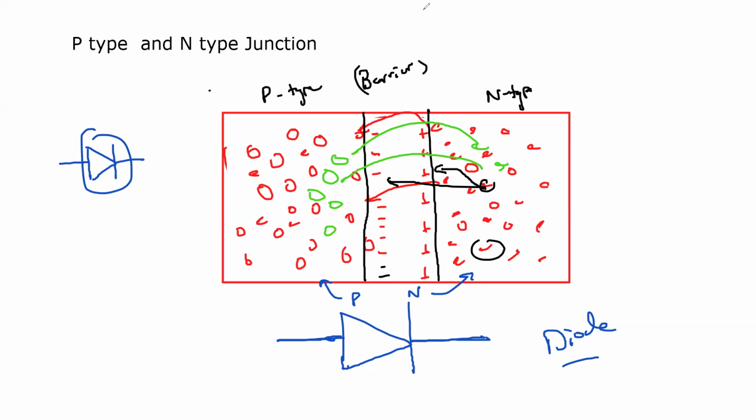That is why when we sketch a graph for IV, what will be the shape of the graph you will see for a diode?